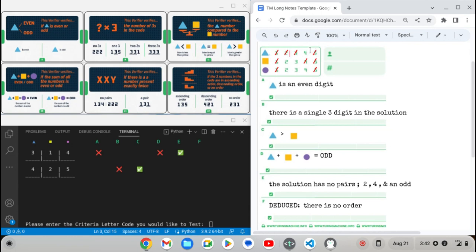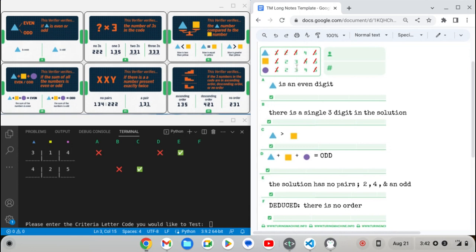Okay, and so I think we can say, again, based on our deduction, that there is no order and no duplicates. I don't think it could be 4, 3, because it needs to pivot and there are no duplicates.